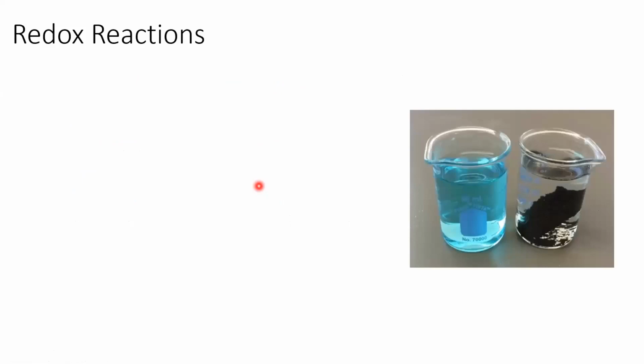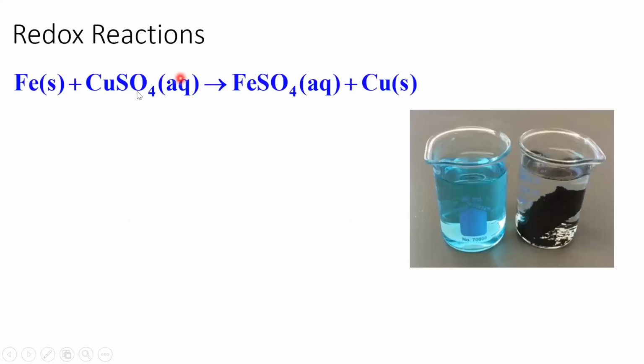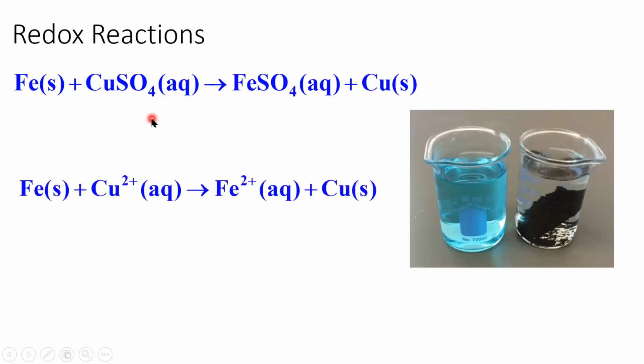So let's look at this as a reaction, an example. We have some copper sulfate solution. It's this blue solution. And we add some iron solid to it. This reaction takes place. Now we want to assign oxidation numbers.